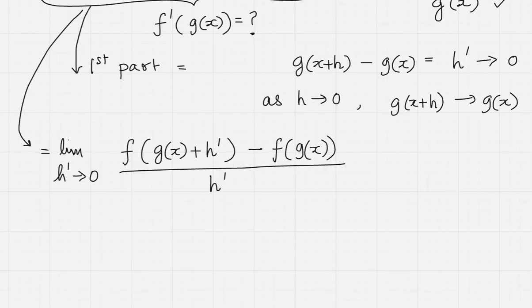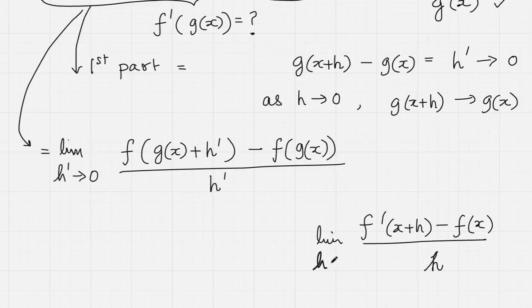Okay. And this entire expression does look like the expression of f dash of x, except that wherever x is supposed to be there. See, the f dash expression is like this, with the limit, of course. So this expression does look exactly like that, except that instead of h, we are using h dash, which also approaches 0.